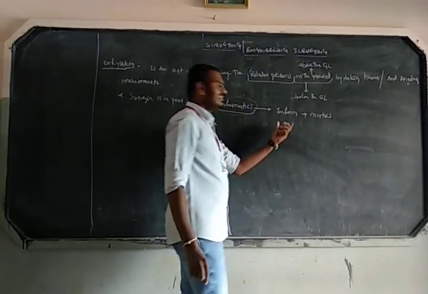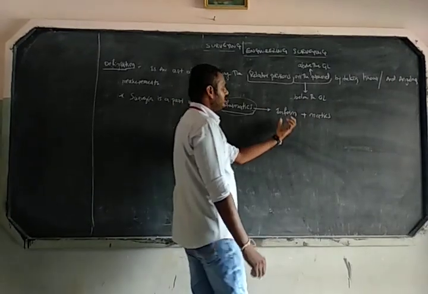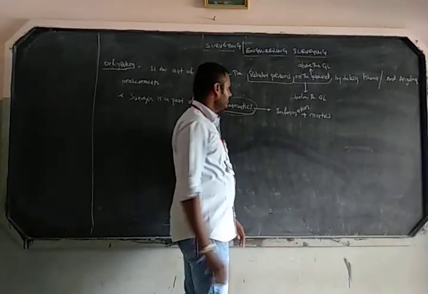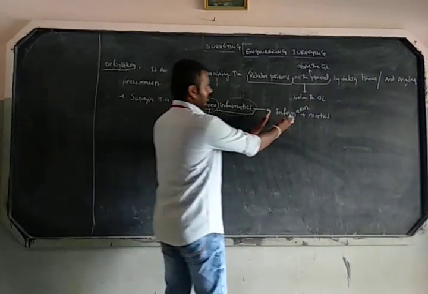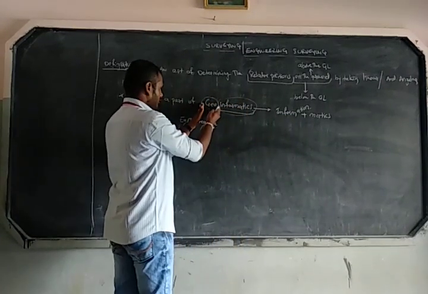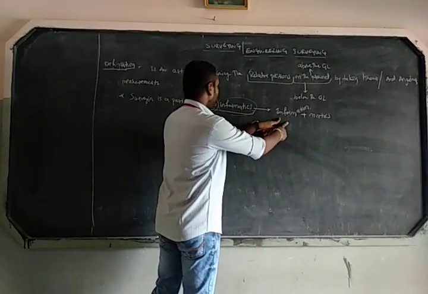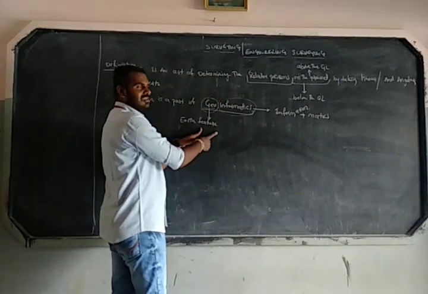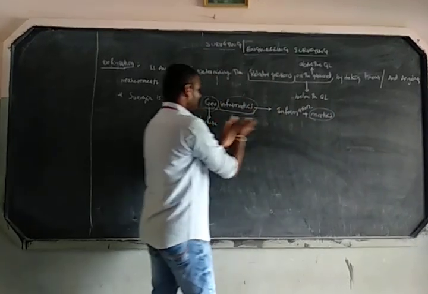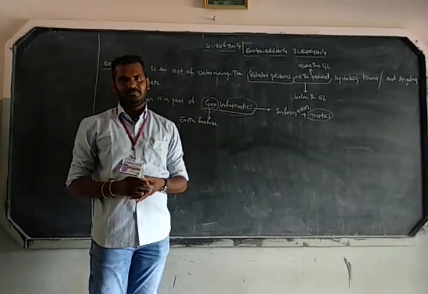So inform plus matrix means information plus matrix. Taking or gathering the information regarding a geo feature, an earth feature, and matrix in the sense of measurements of that particular earth feature, is known as geoinformatics.